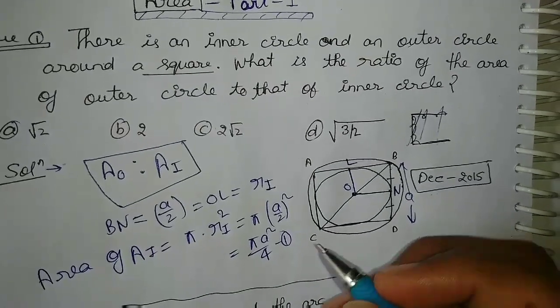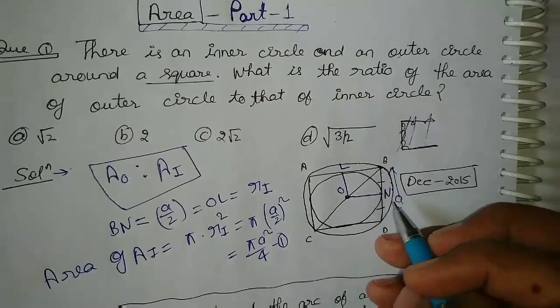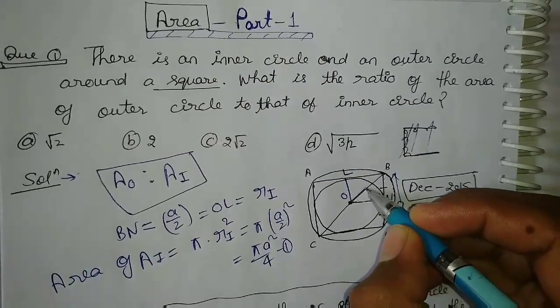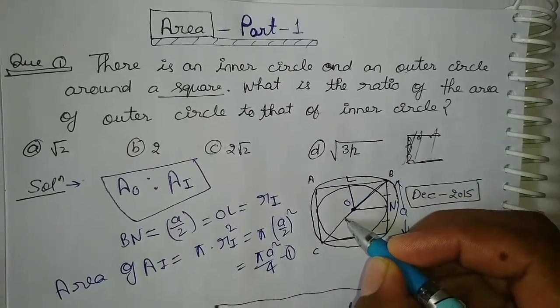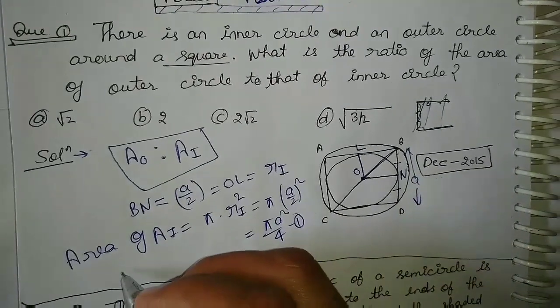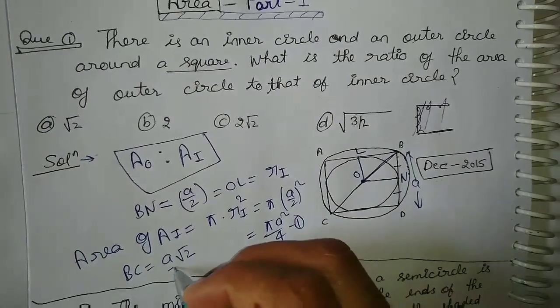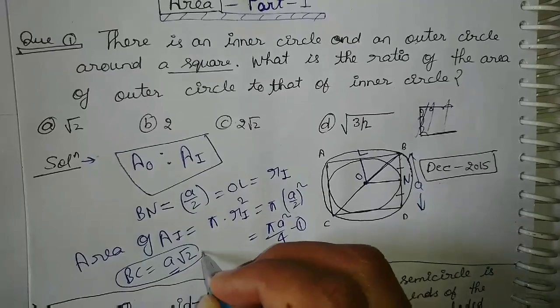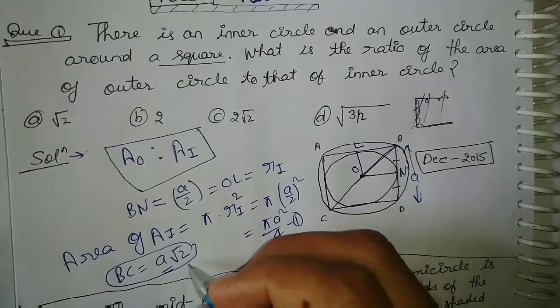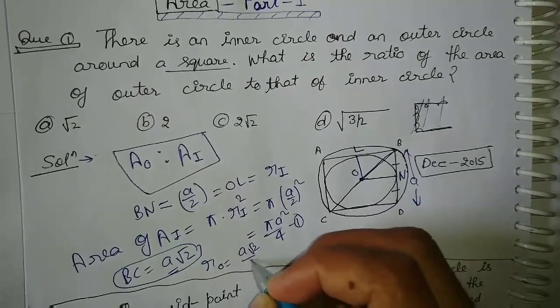Now I have to find the area of the outer circle. So first of all I have to find the radius of the outer circle, and this is nothing but OB. OB is half of the diagonal of the square, and the diagonal of the square BC is given as A root 2, where A is the side of the square. So half of this means the radius of the outer circle is A root 2 by 2.